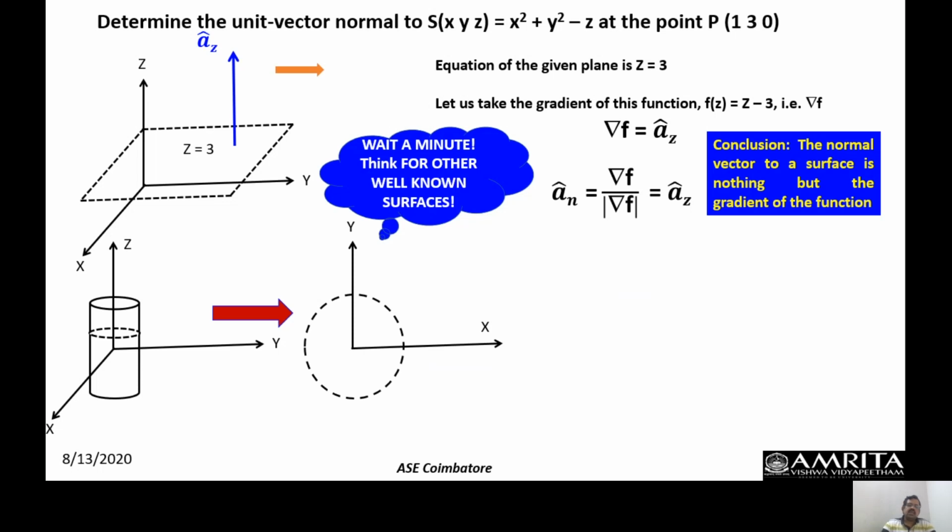Now, if I want to know the gradient of this circular surface, I take the equation of the circle. Here I have considered the radius of the cylinder to be unity. Therefore, I can write the equation of the circle as x squared plus y squared equals 1.